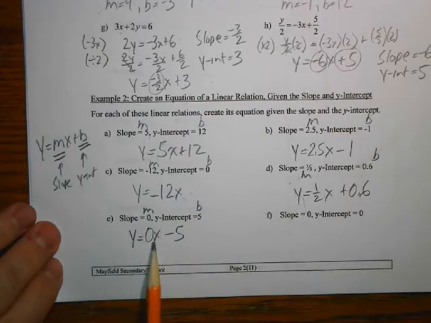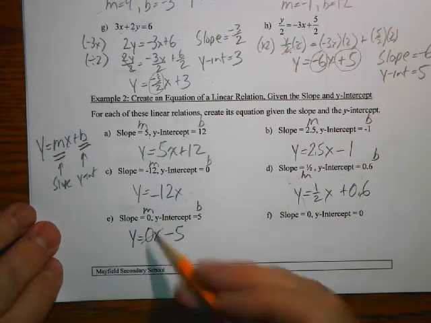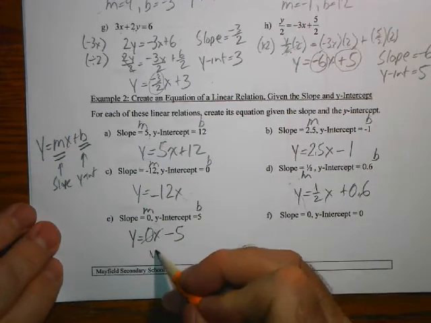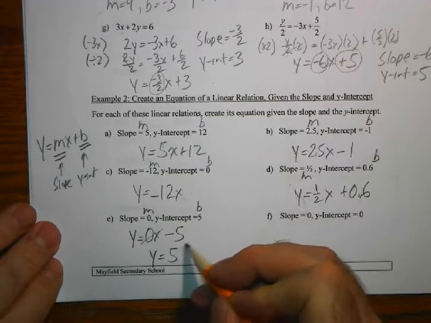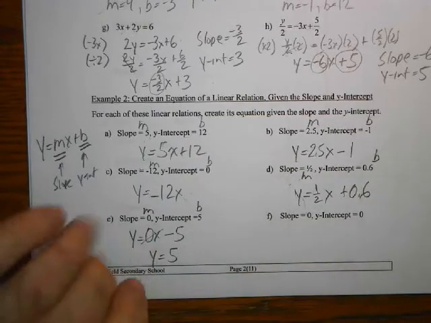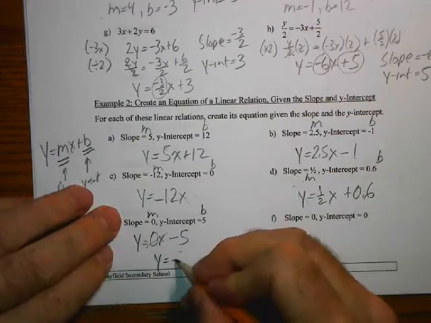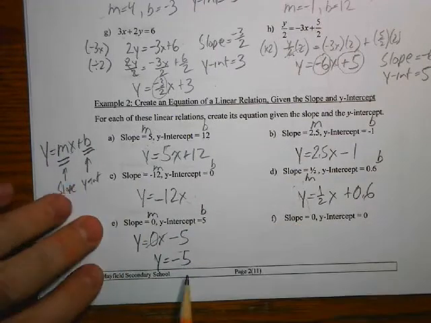So the fact that this will always be equal to 0 means it's not that valuable. So I could actually say that that's 0. So what's 0 minus 5? It's -5. So the simplified equation will be y equals -5. That's the equation.